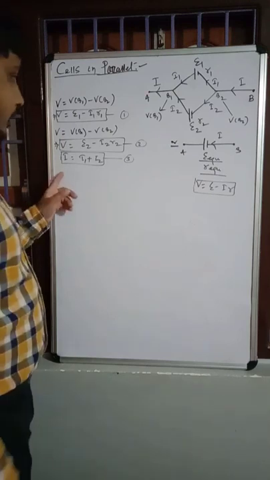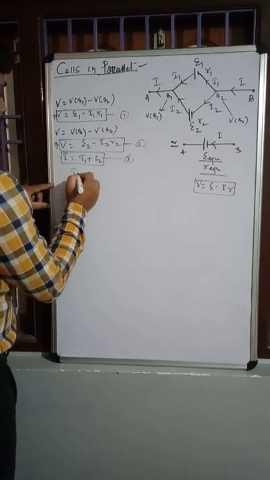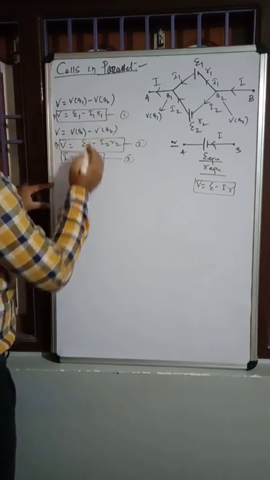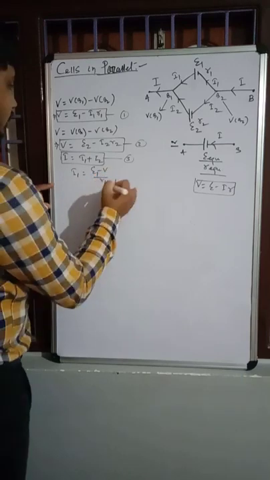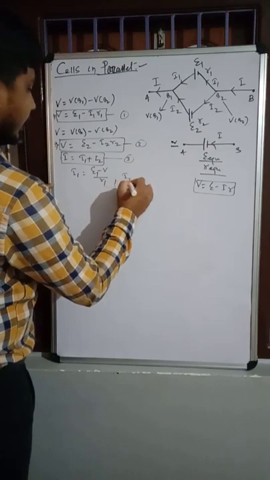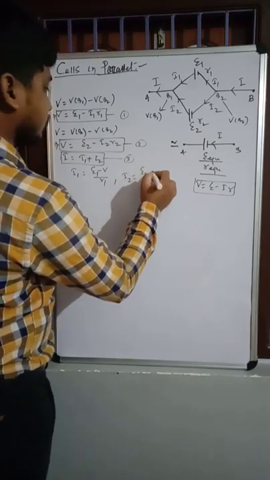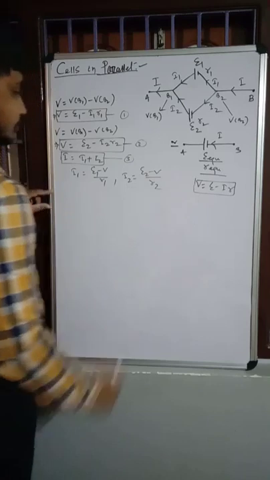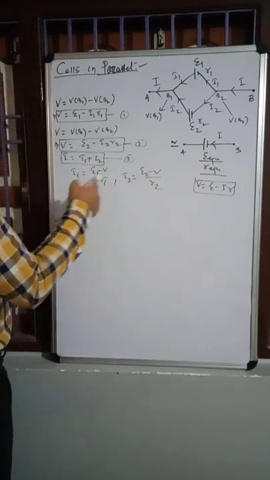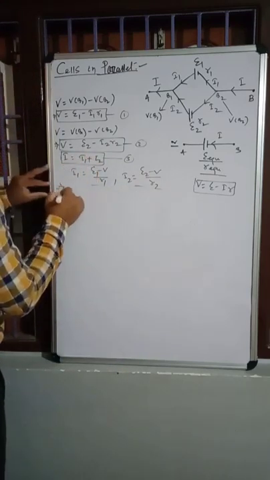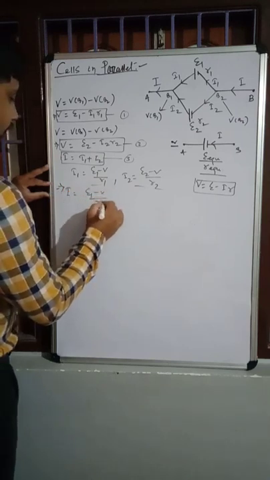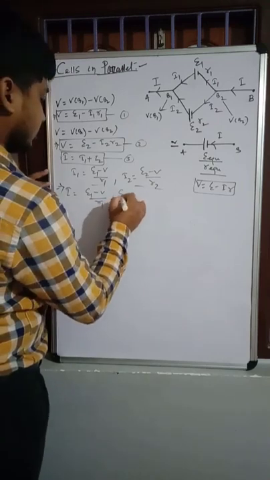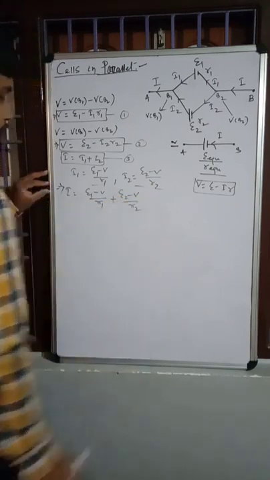So we will find the net current now. From equation 1, I1 equals E1 minus V by R1, and from equation 2, I2 equals E2 minus V divided by R2. Now using these values in equation number 3, you get I equal to E1 minus V by R1 plus E2 minus V by R2.